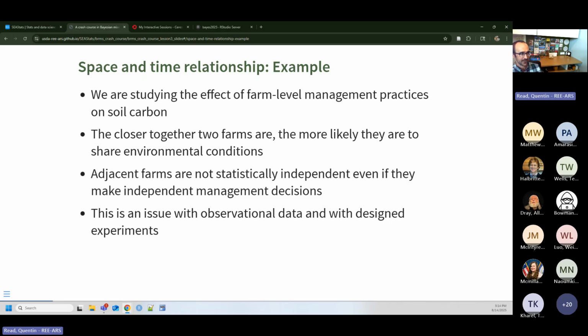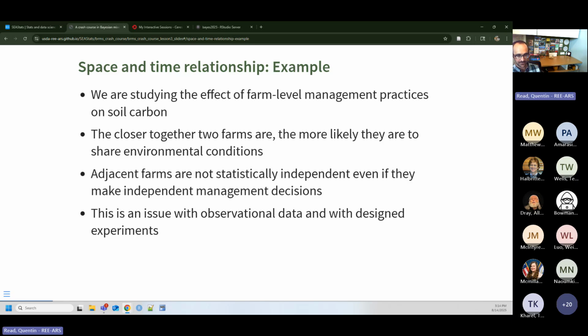Even if farmer A and farmer B completely independently decide what management to impose, what tillage and all of that kind of stuff to do, they are not statistically independent if they are close enough together to share environmental factors. They are not fully statistically independent because they have shared environmental influences from being so close together.